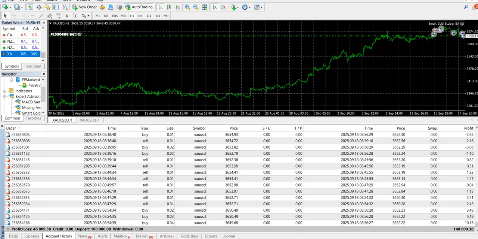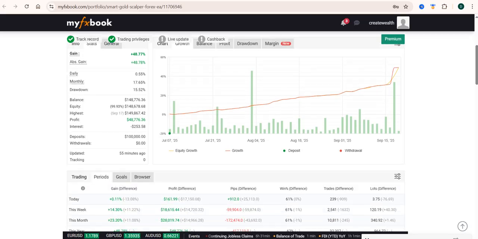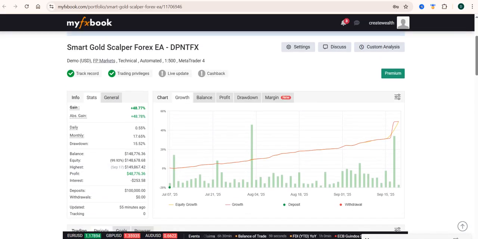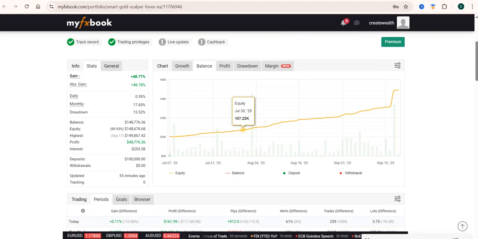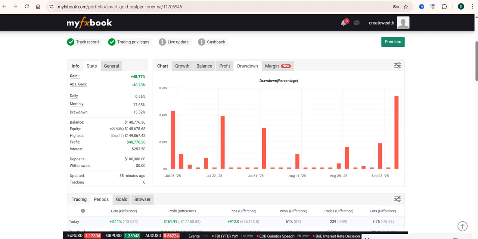And now let's see its MyFX Book. So this is the MyFX Book, and you can see the growth graph, the balance graph, the profit graph, and the drawdown graph. Still the drawdown is 15.52.